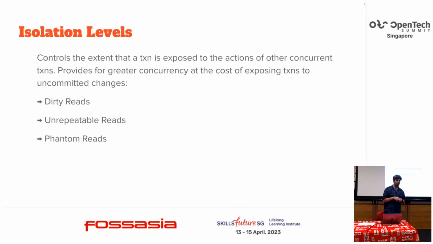For example, you write something, your transaction is ongoing, and someone else wrote to the same object that you're supposed to read, and you'll get a dirty read, for example, right? Or you might have unrepeatable reads, or phantom reads. I won't go into these concepts in too much detail because we don't have that much time, but feel free to talk to me more about this afterwards, right?